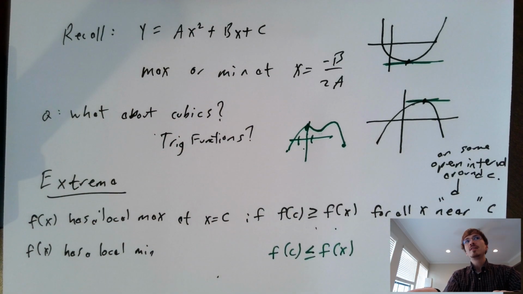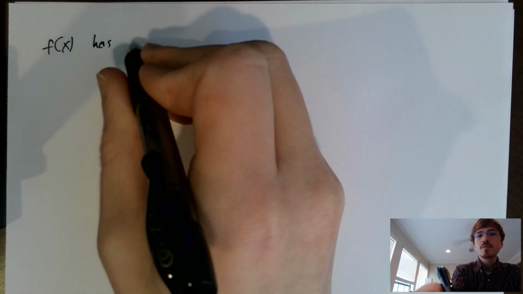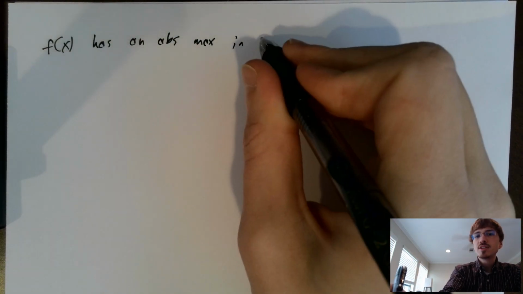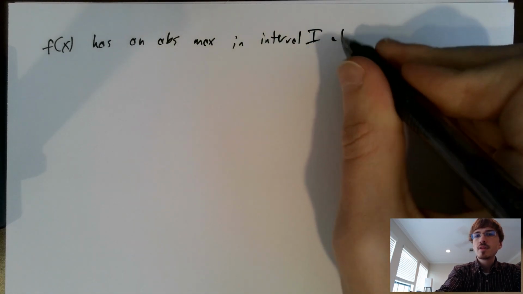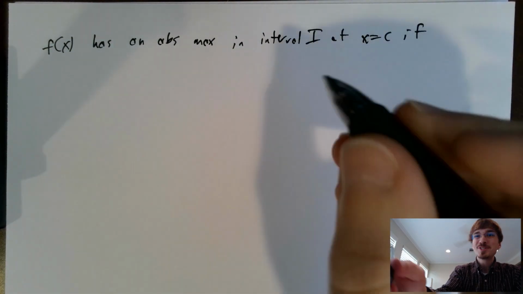Let's define another type of extrema that we want. These are called absolute minimums and absolute maximums. F of x has an absolute maximum in some interval, call it I, at x equals c if, well, if it's a maximum, it better be the largest thing.